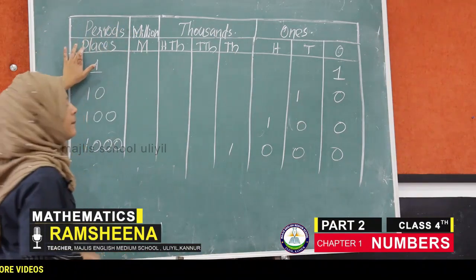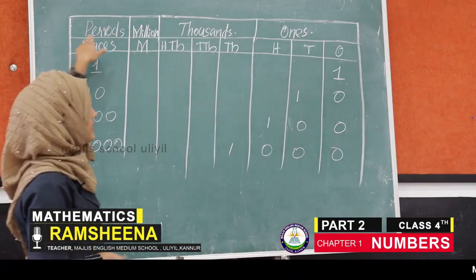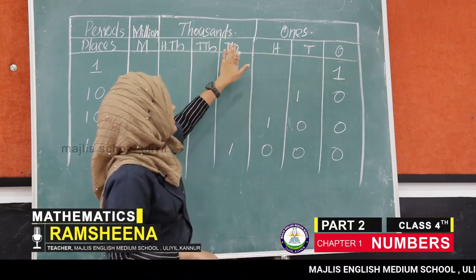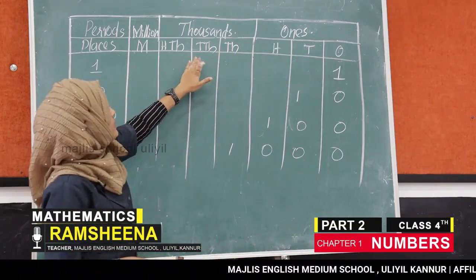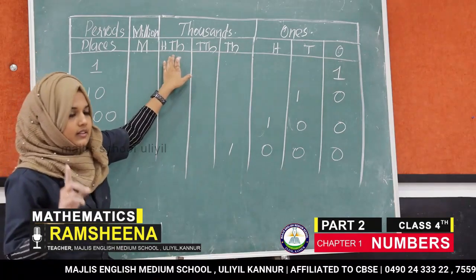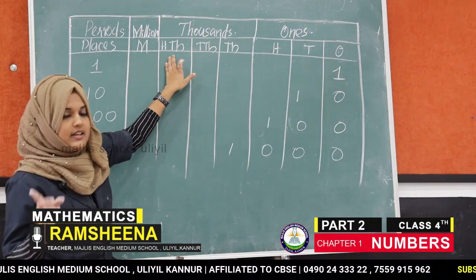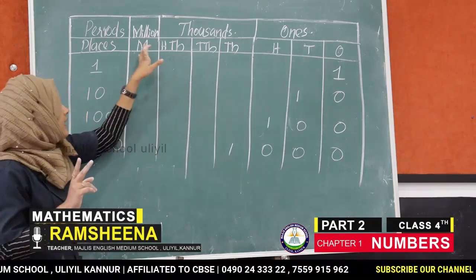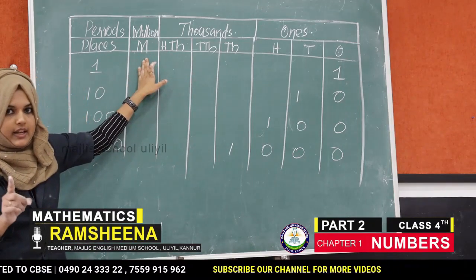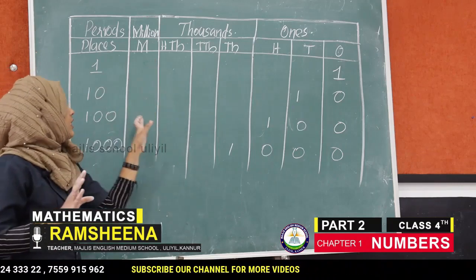Then second, the places: ones, tens, 100, 1000, 10,000 and 100,000, and the last one, million. Okay.